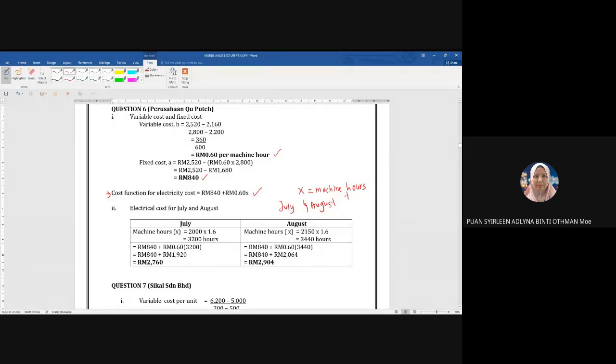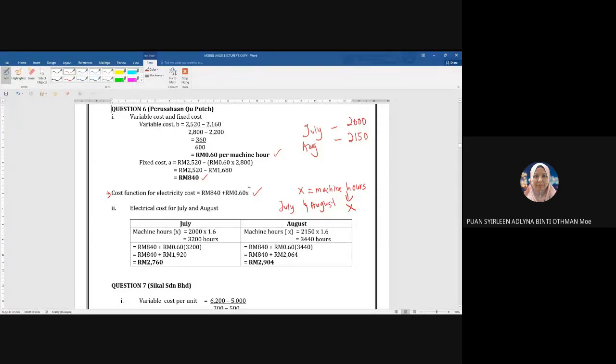Dia cuma bagi awak unit saja. Julai, your unit produce ialah 2000. August, your unit produce ialah 2150 unit barang. Tapi saya tak boleh guna unit sebab dekat sini my cost driver bukan unit produce.